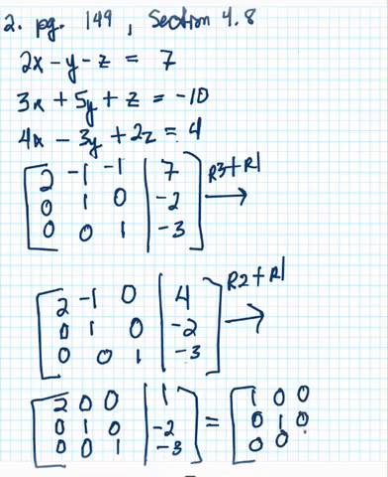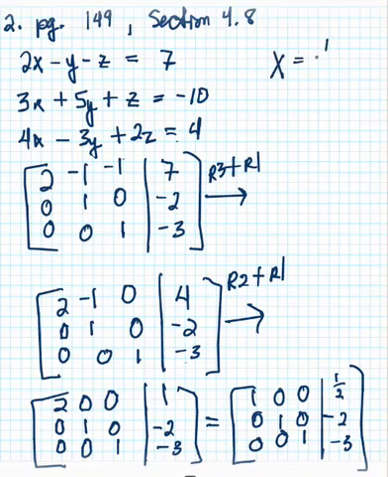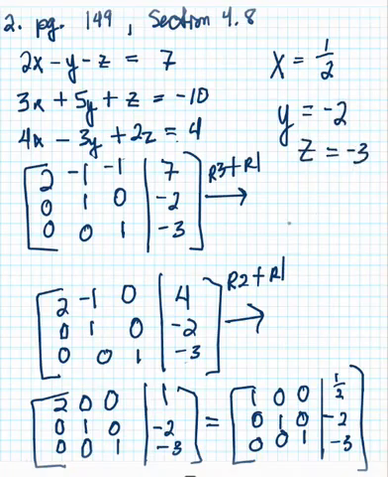And 0, 0, 1, right? And then this would have to be 1/2, -2 and -3. So it looks like to me, if we did this right, x is going to be 1/2, y is going to be -2, and z is going to equal -3. So it's going to be the ordered triplet 1/2. The intersection of these three planes is going to be this point in space.